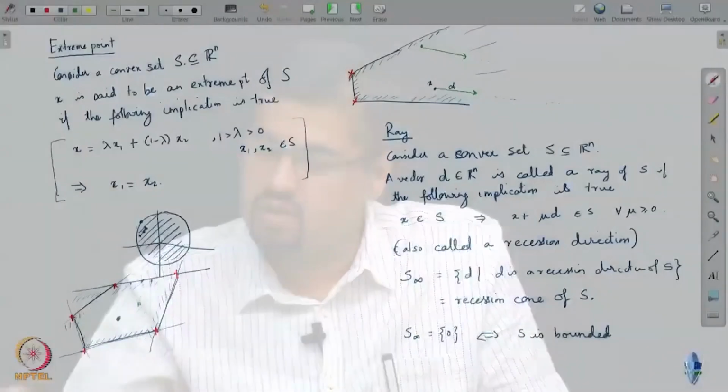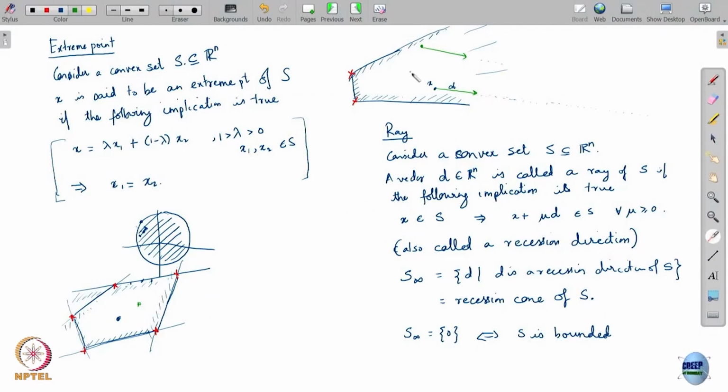Okay. What if you have a set like this, which is not a bounded polyhedron, but an unbounded polyhedron? Now, it is not true anymore that this set has just two extreme points. Now, it is not true that every point can be written as a convex combination of these two red points, right.